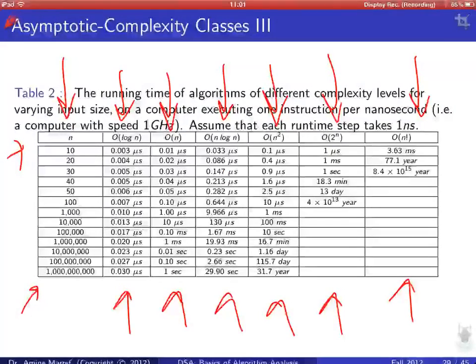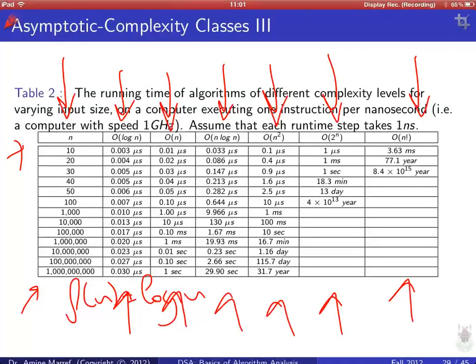Now when the algorithm is log linear, it starts at 33 microseconds and it finishes at half a minute. When the algorithm is quadratic, it starts at 0.1 microsecond and it finishes at 31 years.